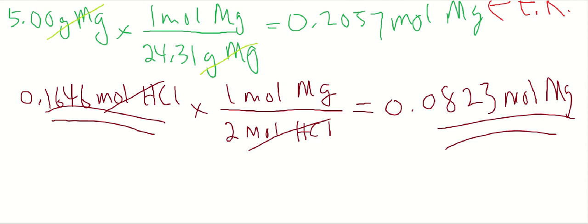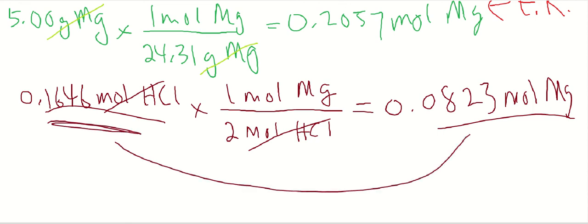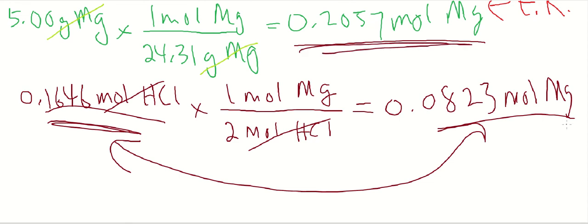So if we had this much HCl, it would exactly use up that much magnesium. But we started with a ton more. So we're just going to subtract from that starting amount, the amount given in the beginning, how much we actually used, and then the rest is left over.